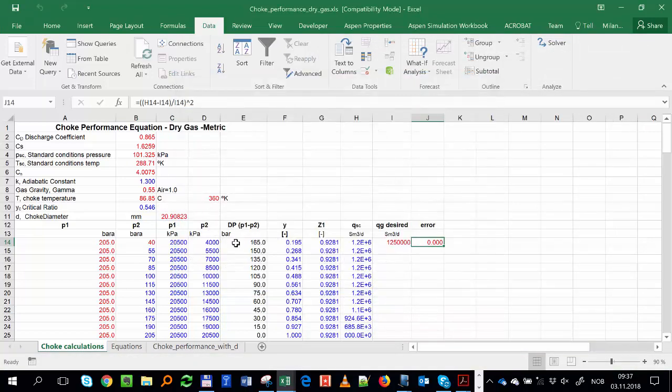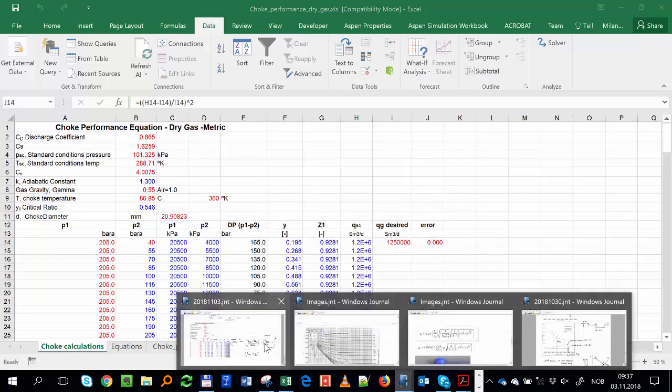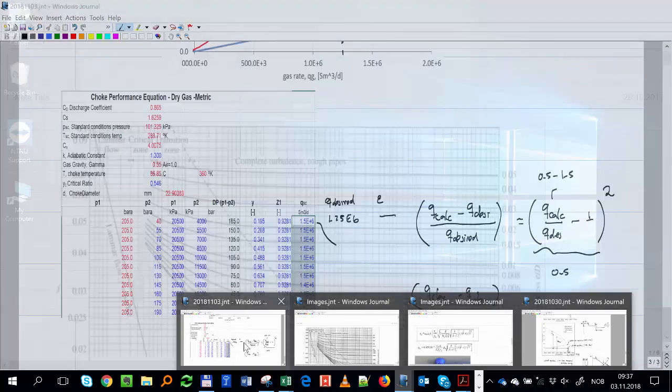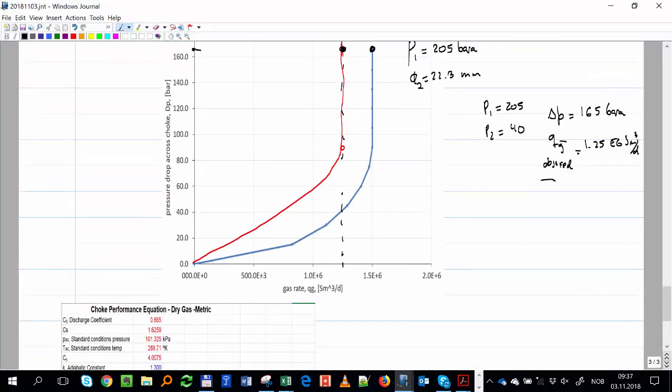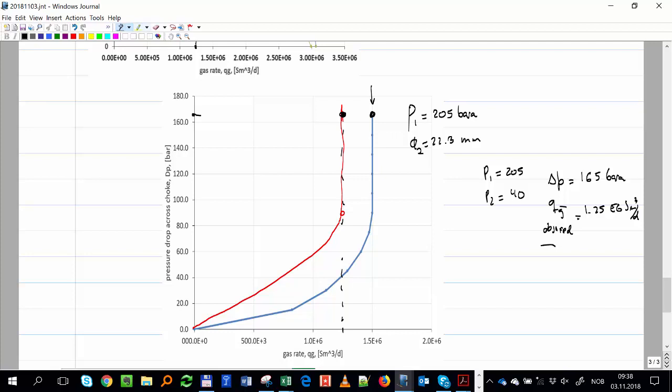And it found a solution, 20.90 millimeters. So that's the choke size I have to put, 20.9. If I use now a diameter of 20.9 millimeters, I'm going to get exactly through that point.